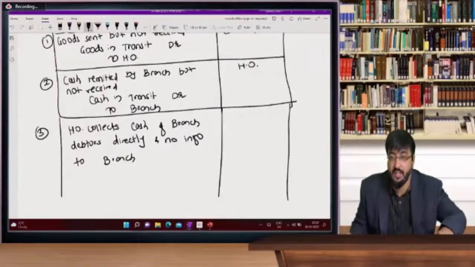So HO collects cash of branch debtors directly and no information to the branch.